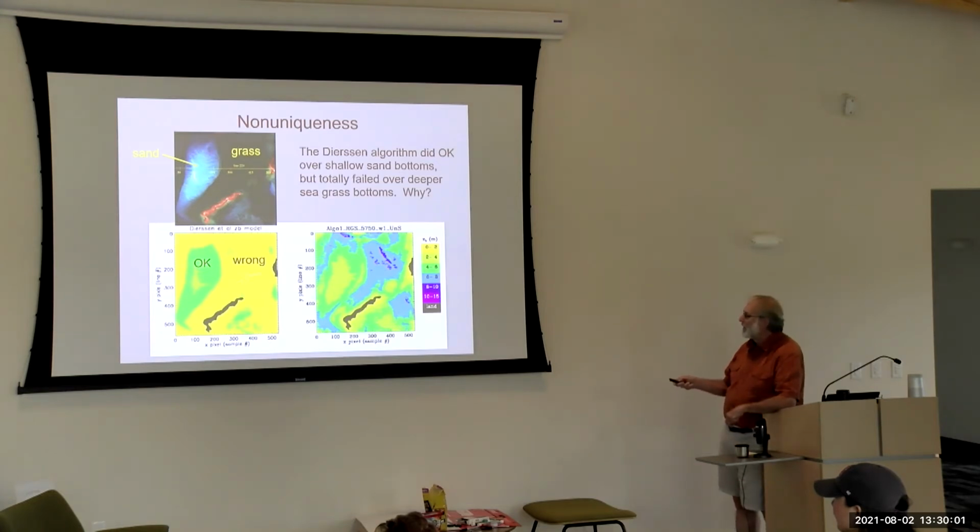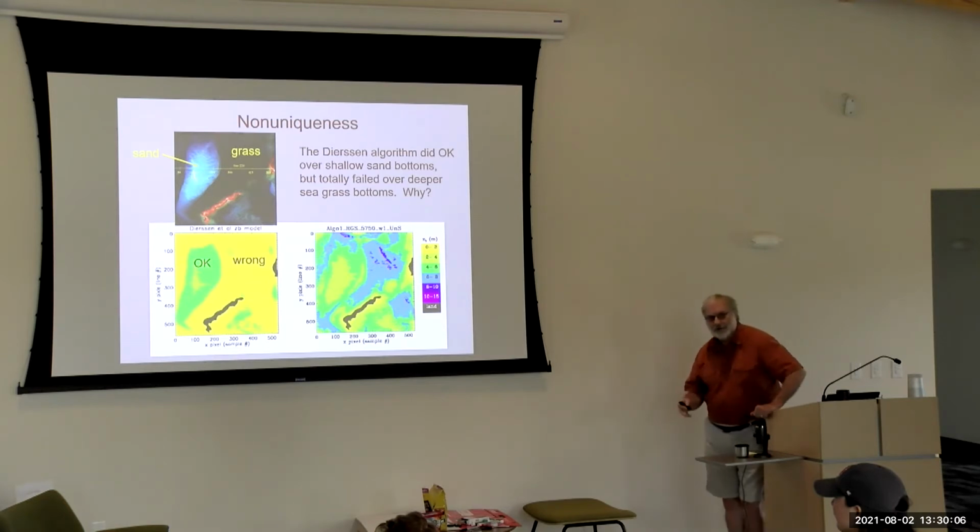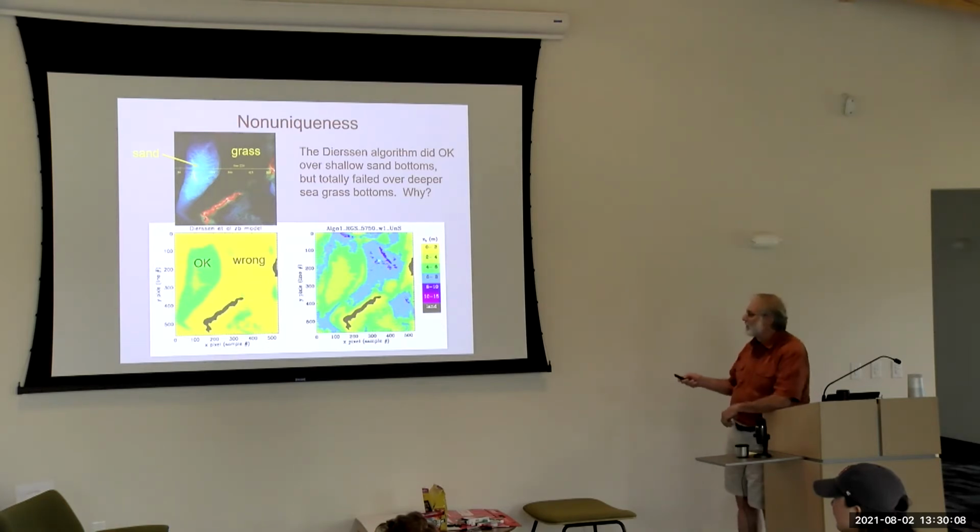Out here, it says it's 0 to 2 meters deep. Totally wrong retrieval. So here's the real bottom bathymetry here. In some spots out here, it's as much as 10 meters deep. But the retrievals in here should all be saying something like 6 to 8 and then 8 to 10, and they're not. So what went wrong?